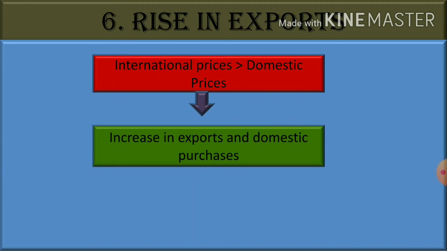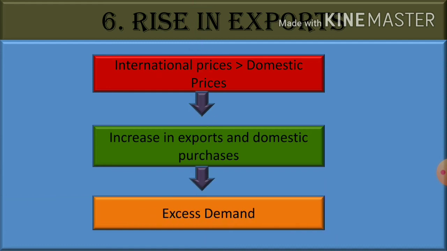Then there will be increment in exports, because suppose in India the prices of the commodities are comparatively less, then obviously the goods of India will be demanded in other countries. So exports will increase and domestic purchases will obviously increase. Then it will lead to excess demand in the economy. Clear?